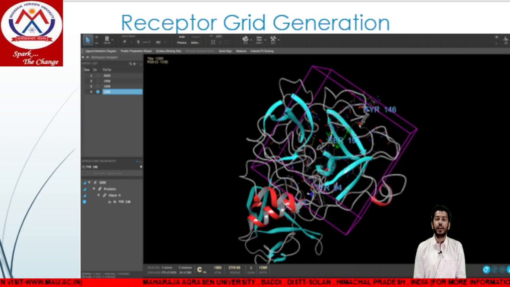Then you hit the receptor molecule, and there is a grid generation. On the screen you will see the purple color grid. It means that your drug or ligand molecules will go and attach within this grid, where your atom is selected.